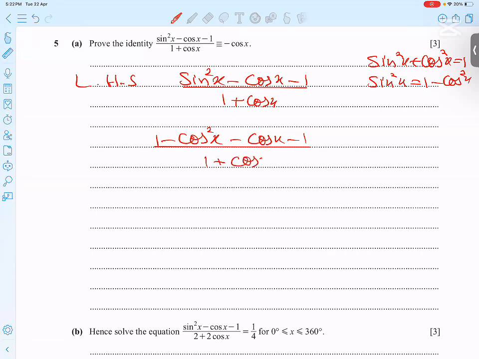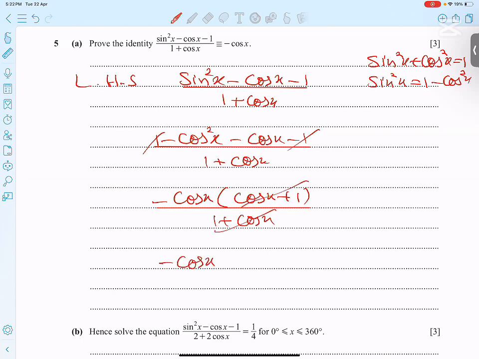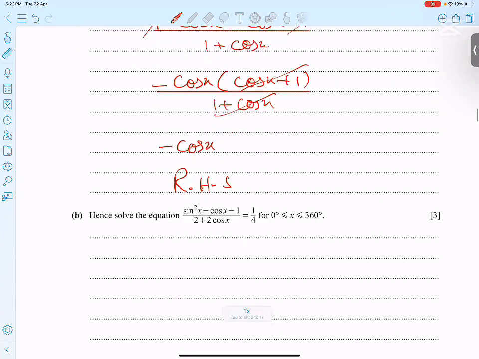So have a look now. 1 cancels out, and what is common from the top? Negative cos common out, and I get cos x plus 1. In the denominator we have 1 plus cos x. The plus orders are different, no problem. Cancel out, and we got it. Alhamdulillah, I got it. So let's go for the next part.